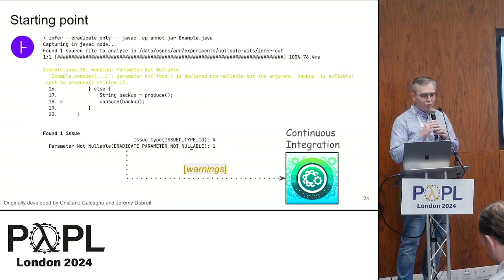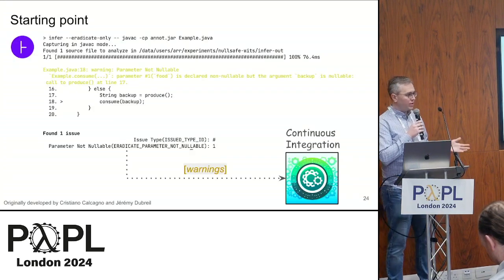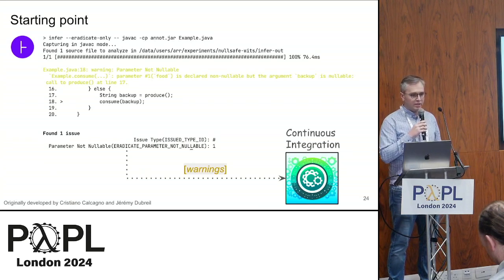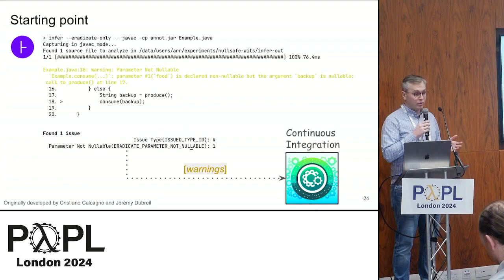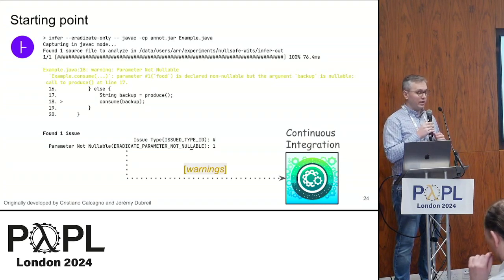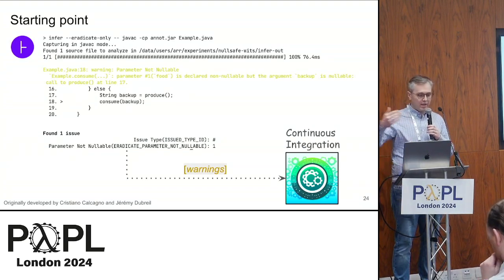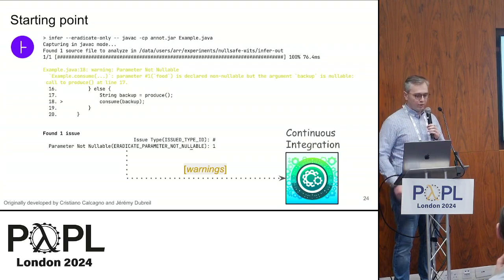So a starting point was Infer, which is a platform for static analysis. It does compositional, interprocedural, summary-based analysis. It has support for many languages, including Java. At the time, there was this checker called Eradicate, which did a simple nullness analysis, and it was also intra-procedural, and so we wanted to stick with this just from the scaling and understandability point of view.